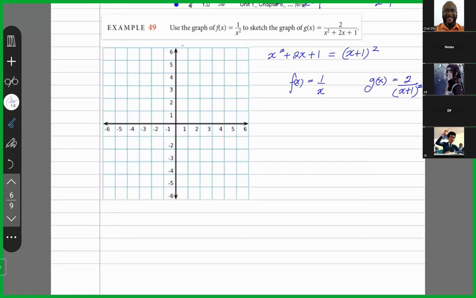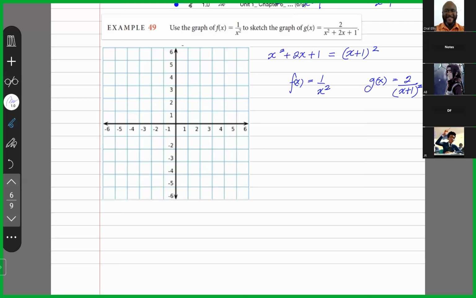So we're being asked to use the graph of f of x is equal to 1 over x squared to sketch the graph of g of x is equal to 2 over (x squared plus 2x plus 1), which is the same as saying g of x is equal to 2 over (x plus 1) all squared.